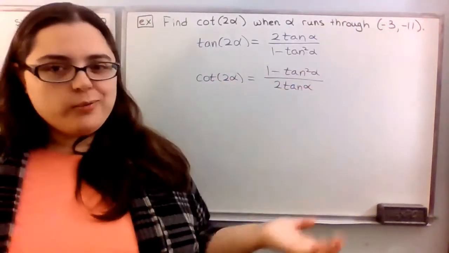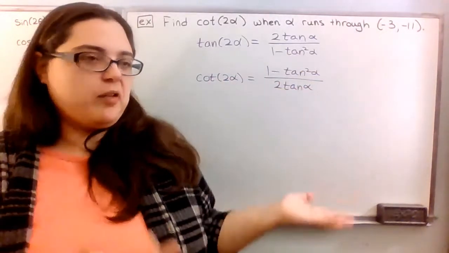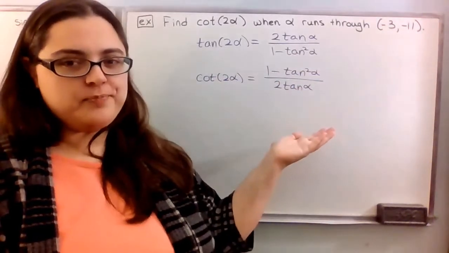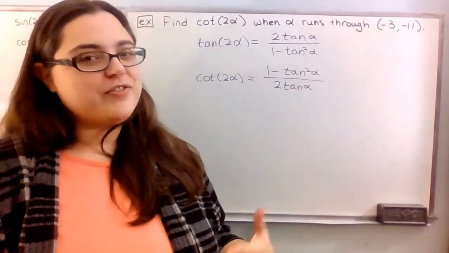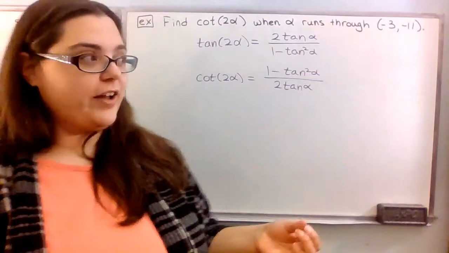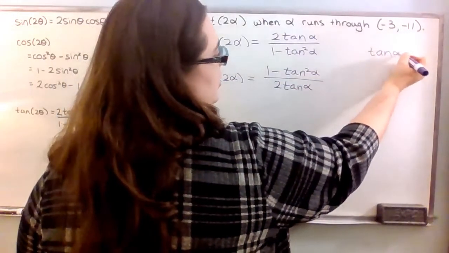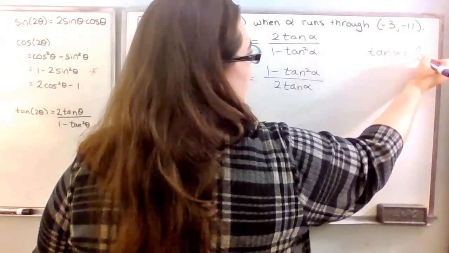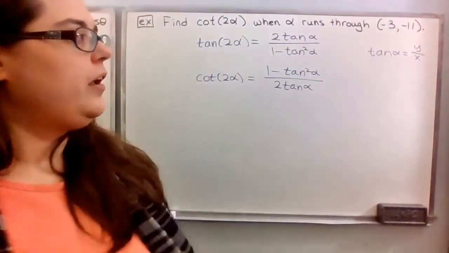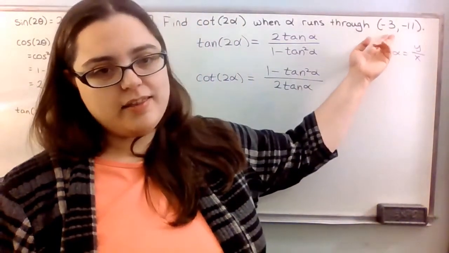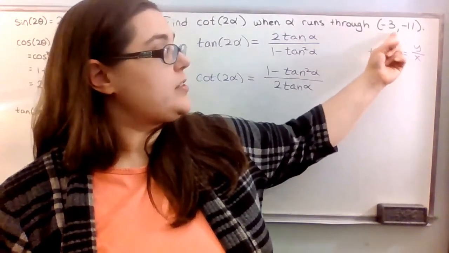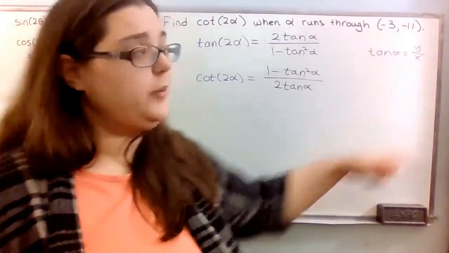So now all we need to do is figure out what is tangent, and then we can plug it in and get our value. So the good news is for tangent, you need to know the x and the y values, because tangent of an angle is going to be y over x. Since we know the point that alpha goes through, we know the x and the y values, so we can just plug those in right here.